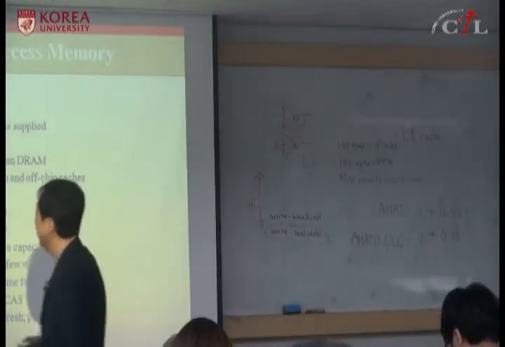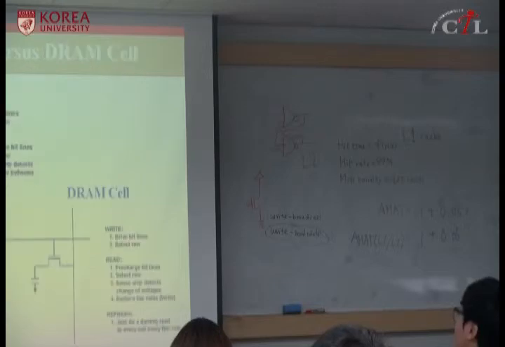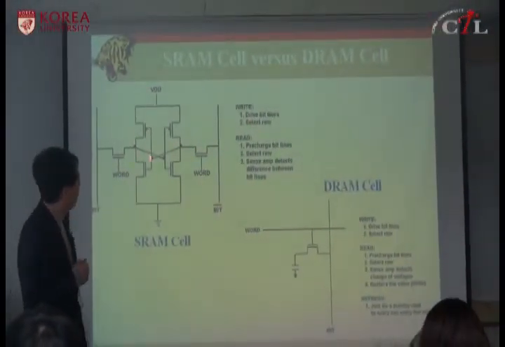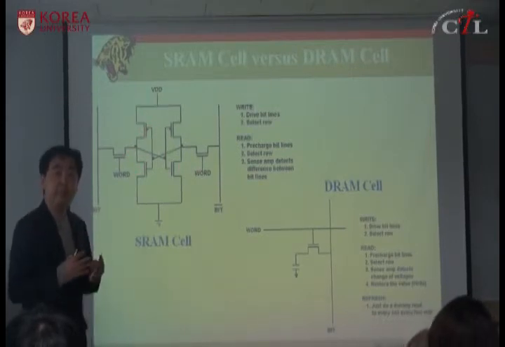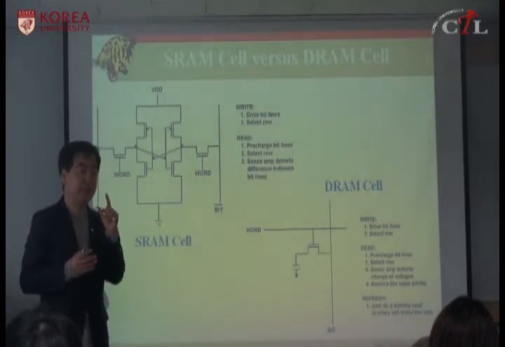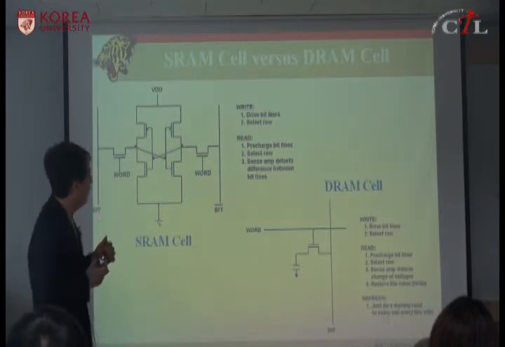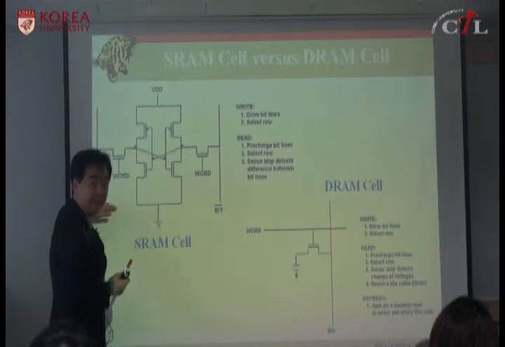Okay? Static RAM requires at least 6 transistors, because this is the SRAM cell organization. Transistor 1, 2, 3, 4, 5, 6. This is the basic static RAM, a single port cell, the smallest SRAM cell. It requires 6 transistors. If you add another port, you need 2 more transistors here.